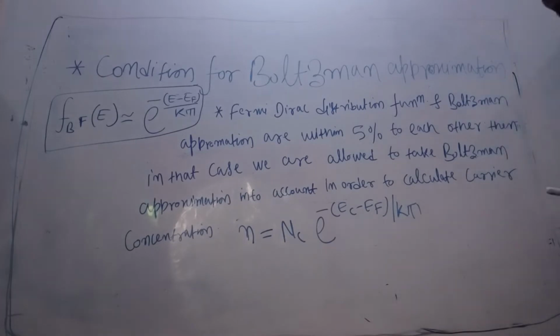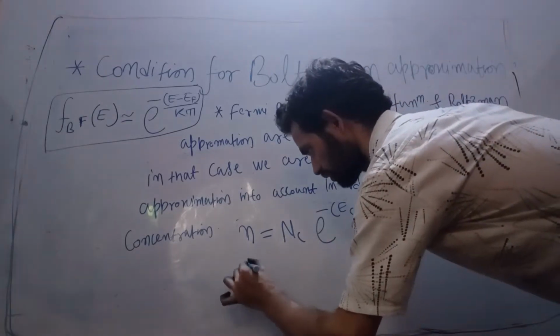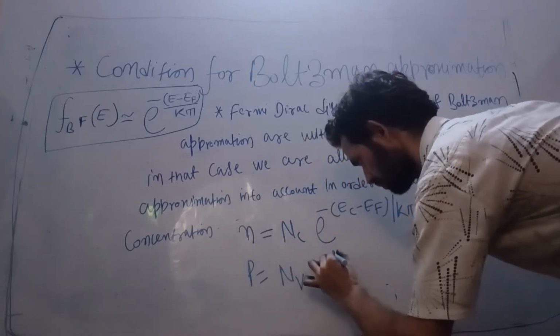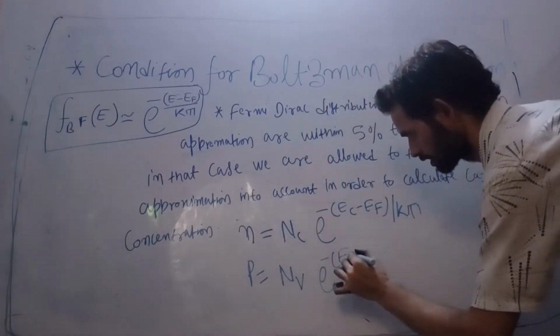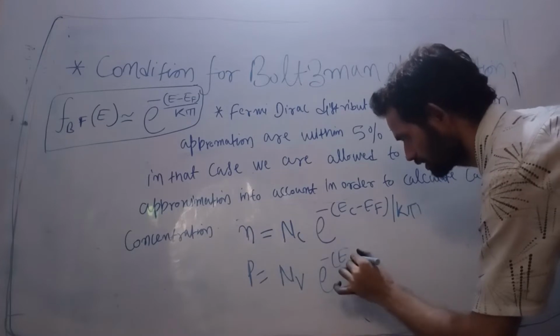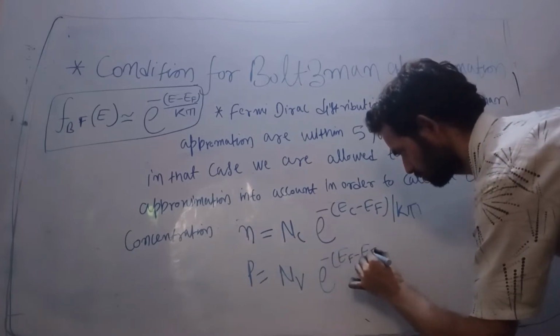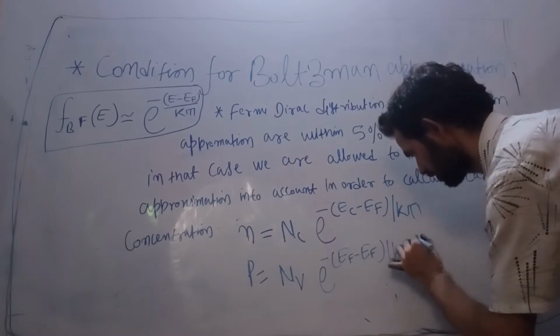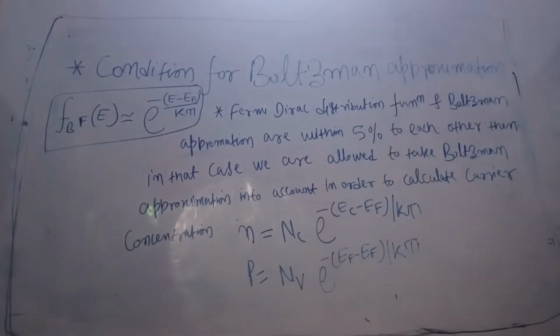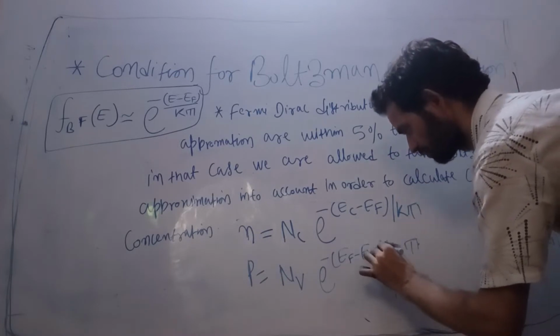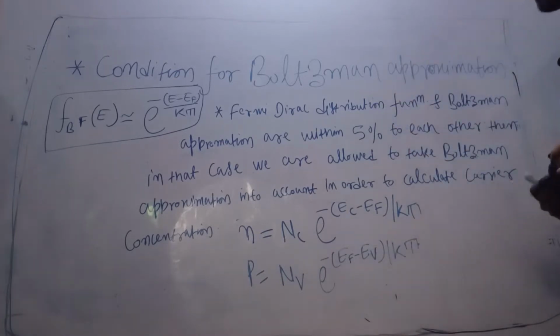Or hole concentration p is equal to Nv times e to the power minus (EF minus EV) by kT.